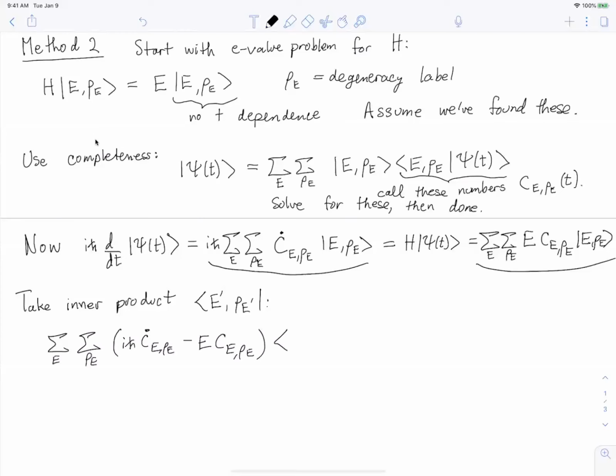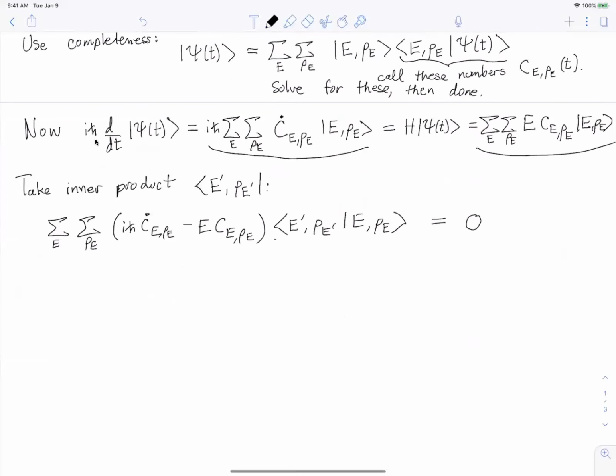And then both of them are multiplied by this inner product, E prime rho sub E prime, E rho sub E. Okay, and so what we did is we took all the constant things outside of the inner product because they're not operators, they're just numbers. Okay, and this is supposed to equal 0. That's what we're getting here.